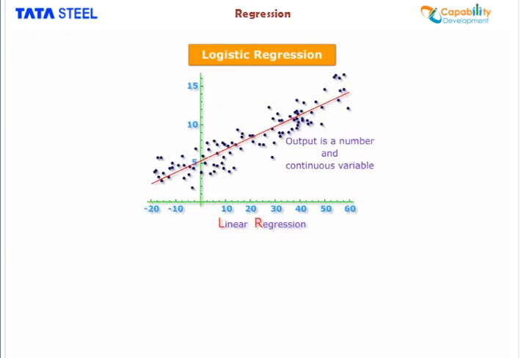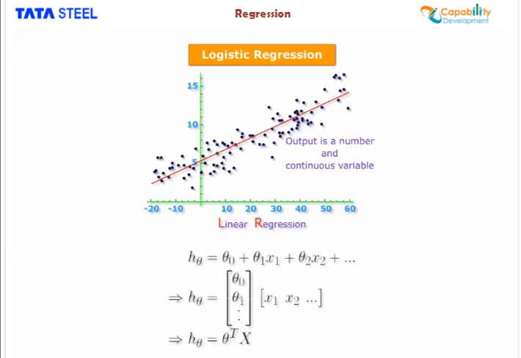Linear regression gives the following form to be used for fitting the model: h theta is equal to theta 0 plus theta 1 x1 plus theta 2 x2 plus so on. In terms of matrix notation, this gives h theta is equal to theta 0, theta 1 and so on, times x1, x2, and so on. This gives h theta is equal to theta transpose x.